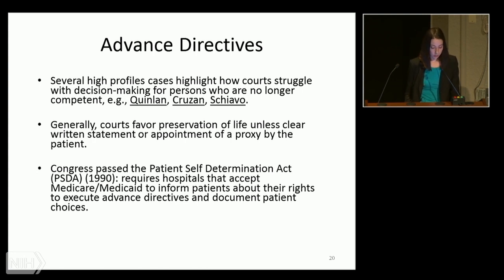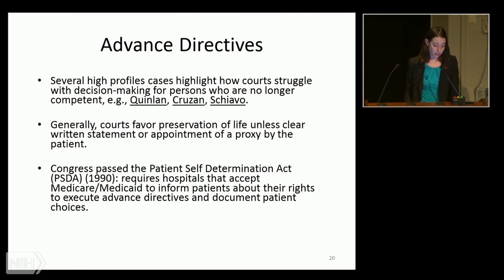The Cruzan case, which is also on this slide, regards a woman who was 25 years old and was in an accident and also became persistently vegetative. She had had a conversation with a friend about her wishes, and the issue was about what level of evidentiary standard the state could require a family to prove in order to remove life-sustaining support.